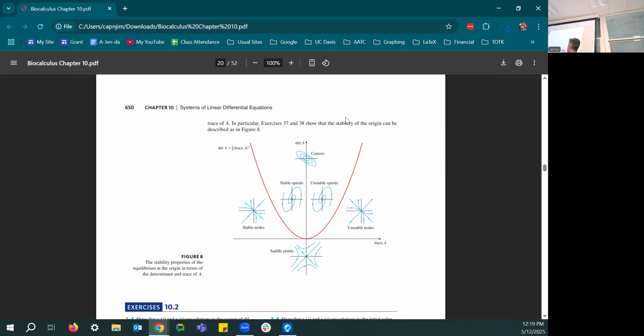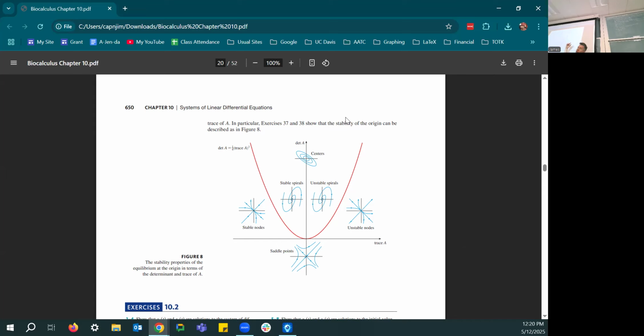On the other hand, if your determinant is positive and you're up here, a few different things can happen. But the determining factor for stability is the trace. If your trace is negative, you either have a stable node or a stable spiral, but you have stability. If your trace is positive, you either have an unstable node or an unstable spiral, but you have instability.